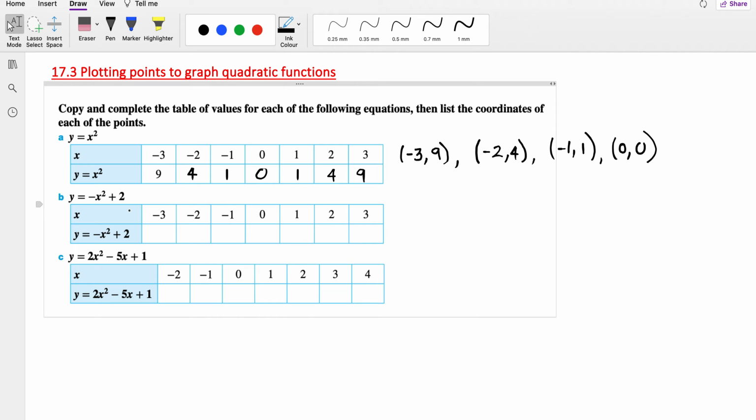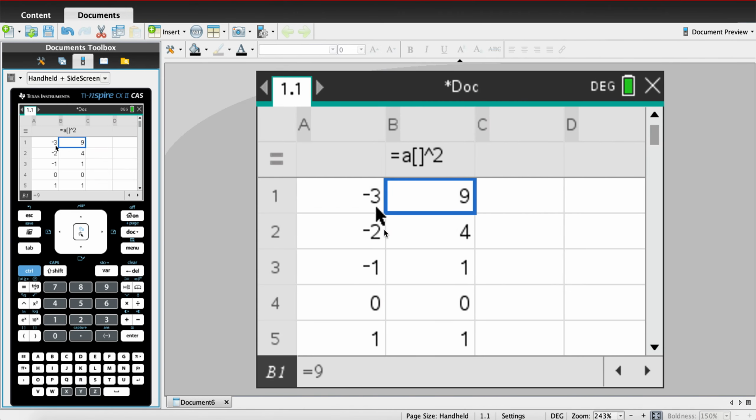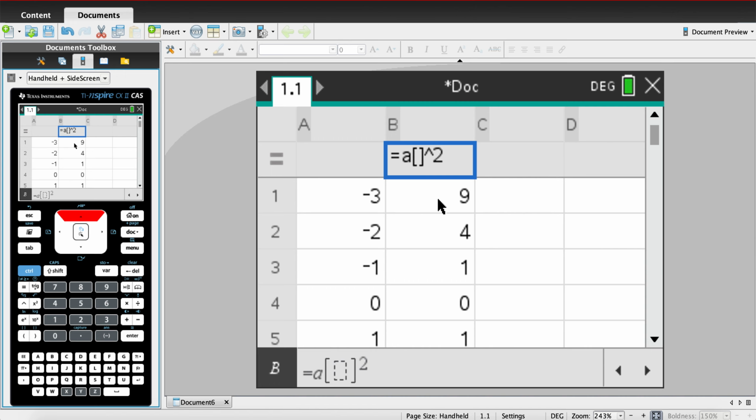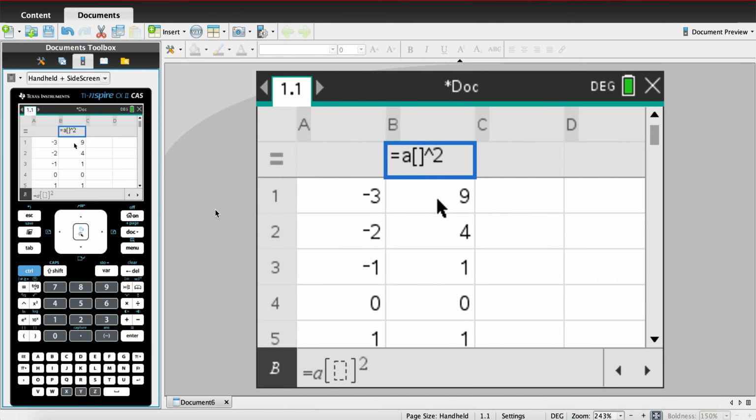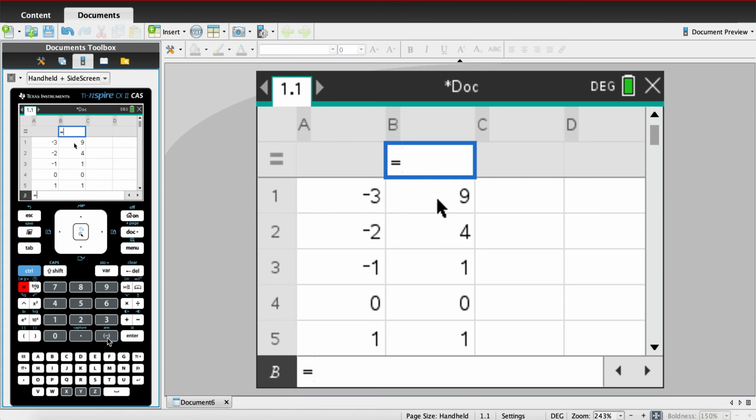Now I'm going to show you how to do this one. Notice that here I have the same values for x: -3, -2, -1, 0, 1, 2, 3. So I'm just going to change the formula. The formula that I'm going to enter is -x squared plus 2. Equals. First I put the negative, and then I open brackets.